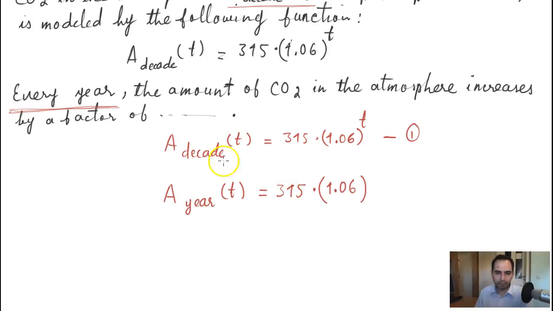So basically if I enter a 1 here, for example, that would mean 1 year. So 1 year would be 1/10 of a decade, because every decade is 10 years. So again, if I enter a 1 as the input of this function, that would mean 1 year, and 1 year would be 1/10 of a decade.